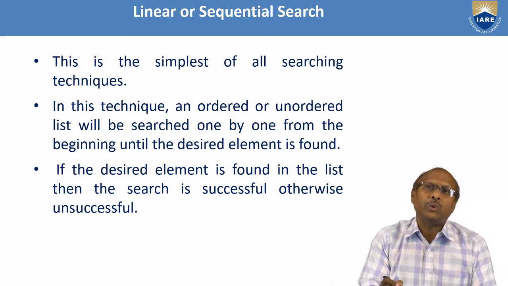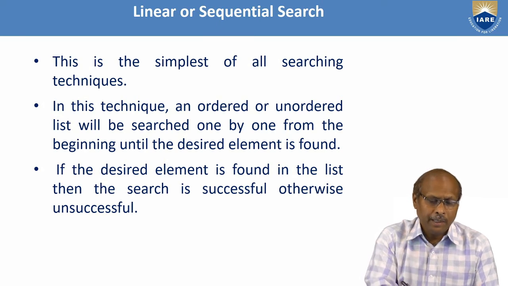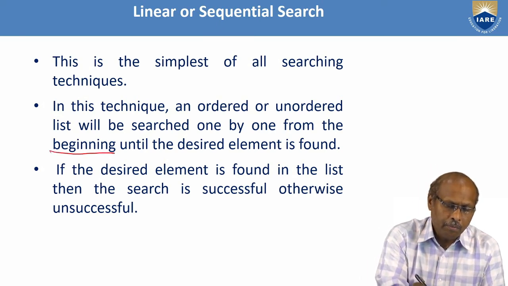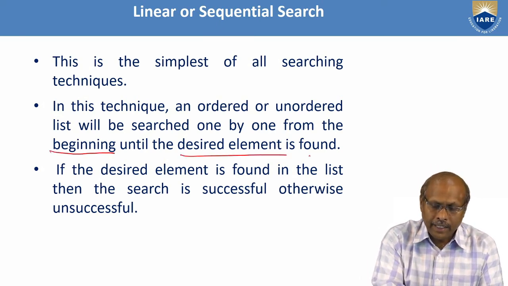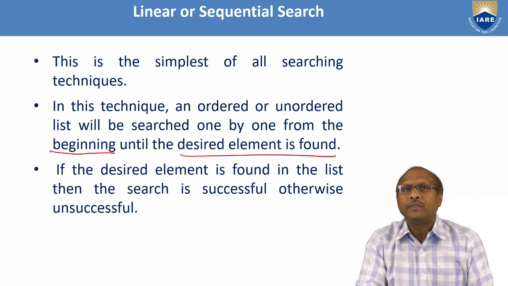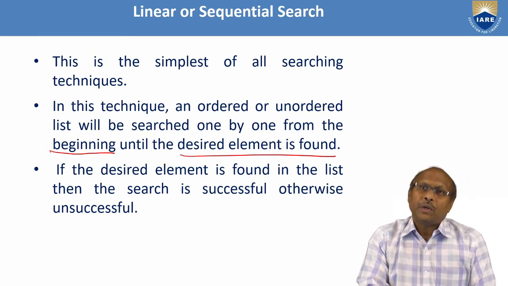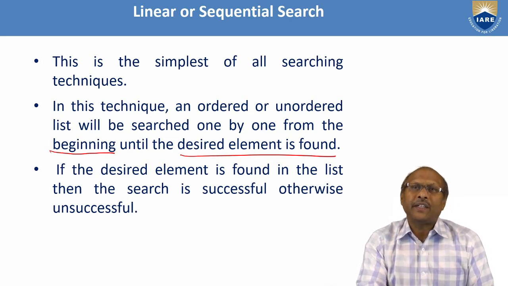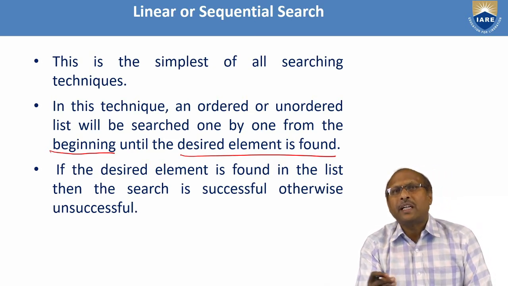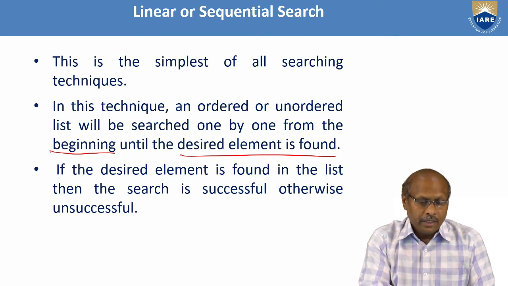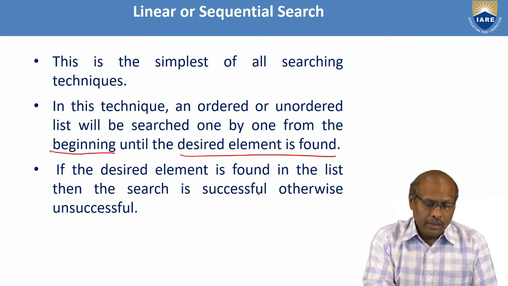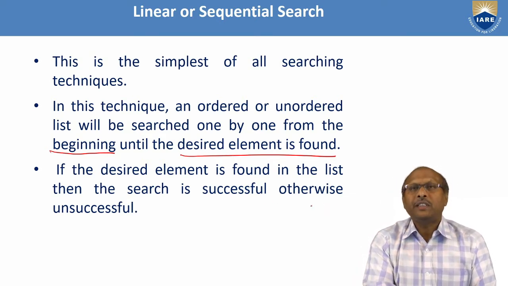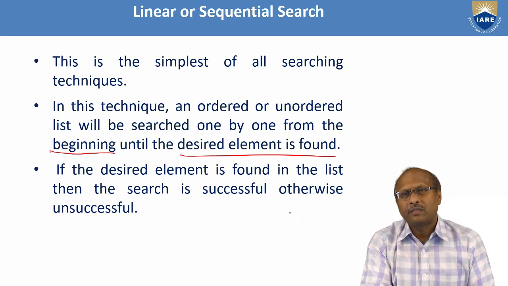That means always you have to search from the beginning. Whatever the elements are in the list, it may be in order or unordered, sorted or unsorted. If the desired element is found, then the search is successful, otherwise it is unsuccessful.